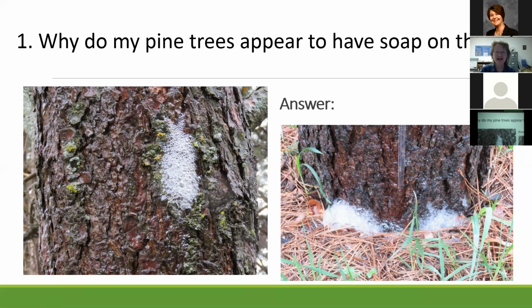What happens is, when it's really dry or hot, dry weather, a kind of crude soap can actually develop on the outside of pine trees. It can happen with other trees as well, but it's most common with pine trees. You know, they used to make pine tar soap. So it's a mixture of salts and acids and whatnot, and they dry and get on the outside of the stem.